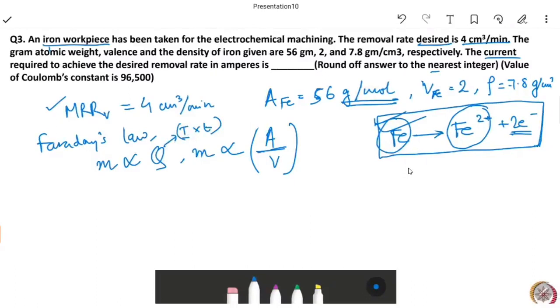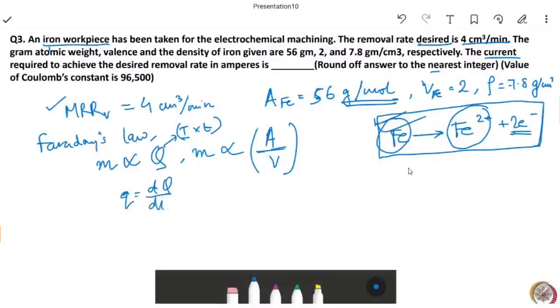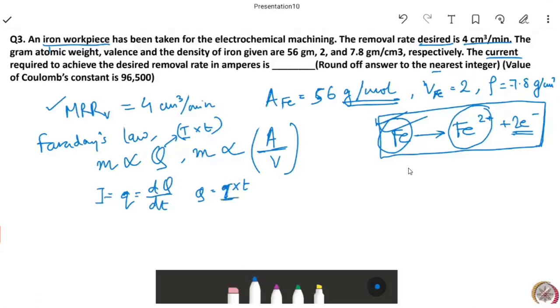Q is the total amount of charge. Small q is nothing but dq by dt. So over a time span of t, we can write capital Q is equal to q into t. So this q is nothing but current I. So Q is equal to I into t.